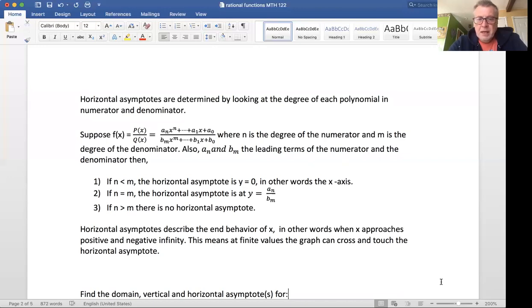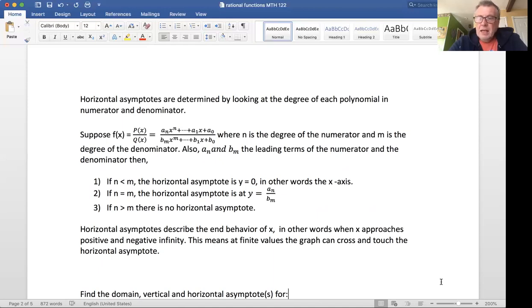That's a polynomial of degree m. A sub n and b sub m are the leading terms. These are important when we look at horizontal asymptotes. If n, the degree in the numerator, is smaller than m, the degree in the denominator, we have a horizontal asymptote at y equals 0, or in other words, the x-axis.